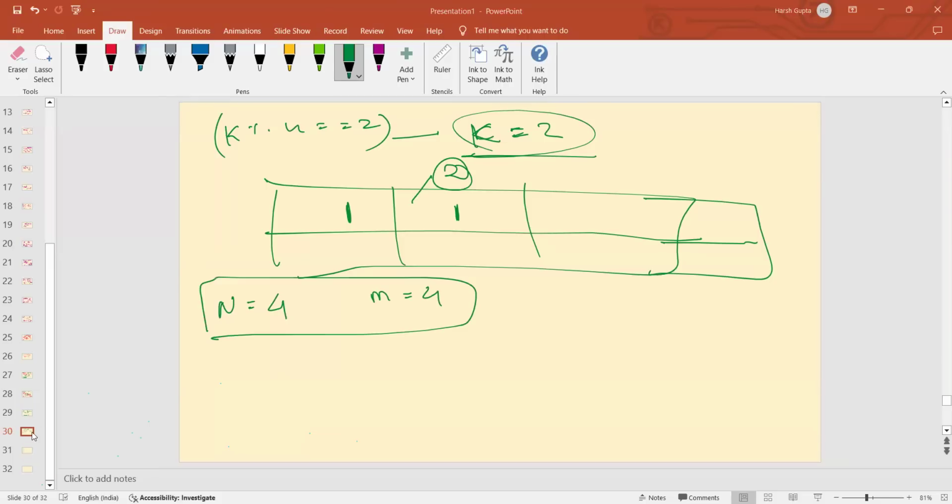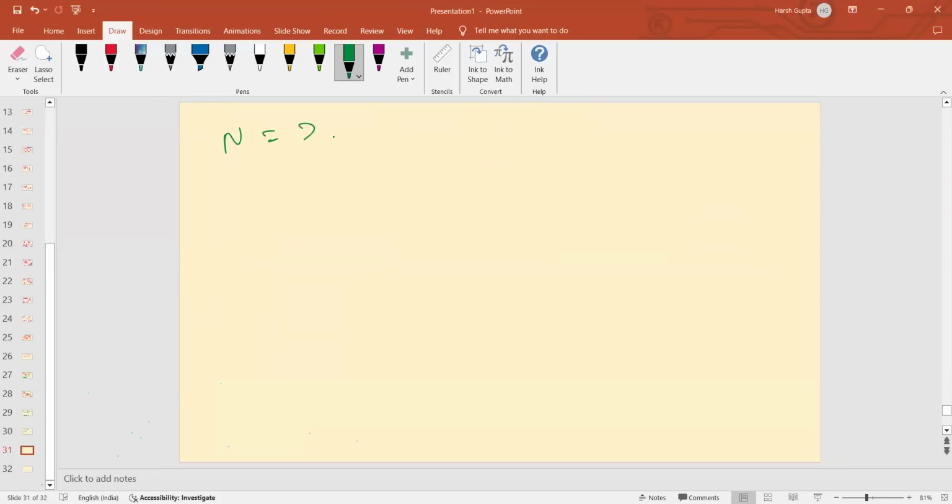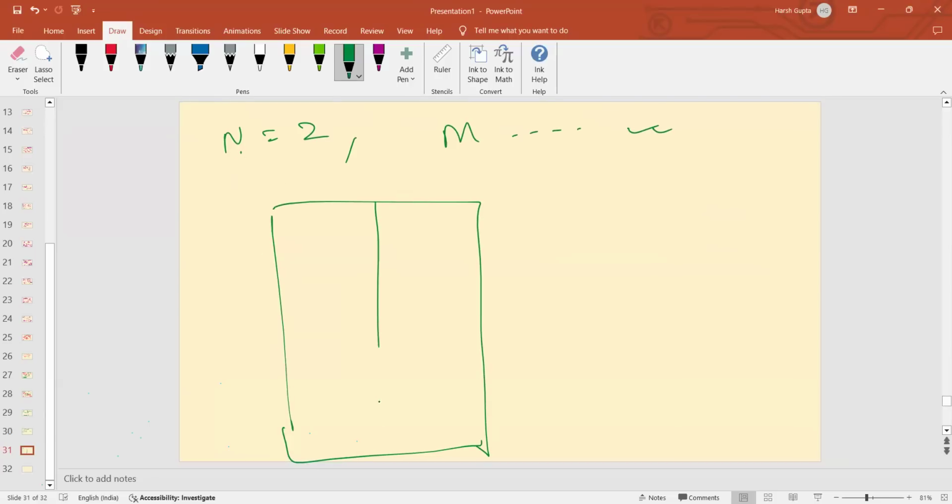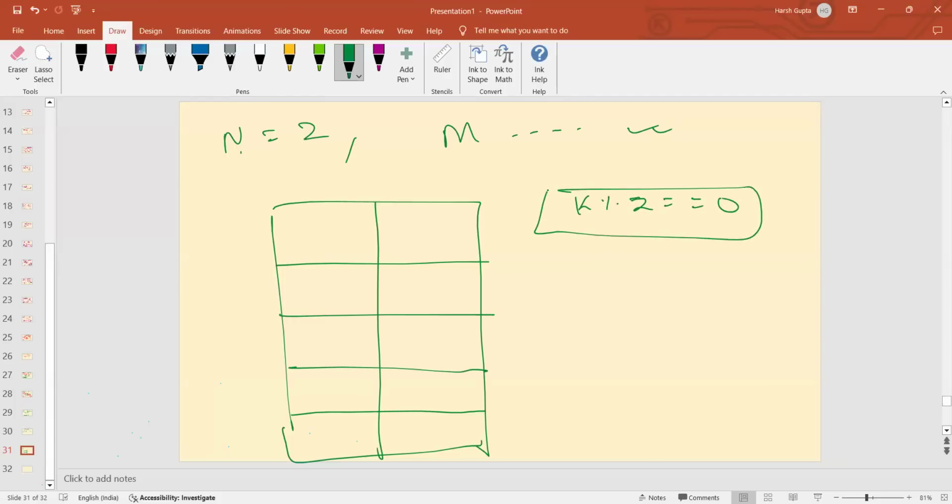Let's first take one case, that my value of n is 2 and whatever my value of m is, I do not care. Let's suppose this is the number of columns. I have 2 columns and I do not care how many rows I have. In this, if we have k modulo 2 equals 0, what will always be the XOR value?